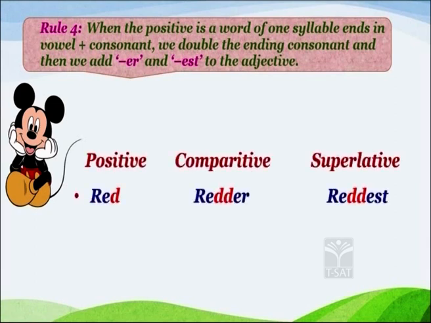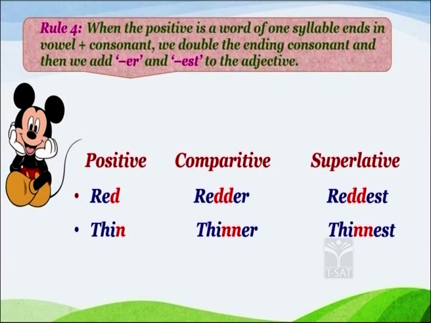For example, if the word red is there in the positive, we have to double the last letter and add the letters ER in the comparative degree and EST in the superlative degree. The only thing is the last letter we have to make double. We have to write it down 2 times.